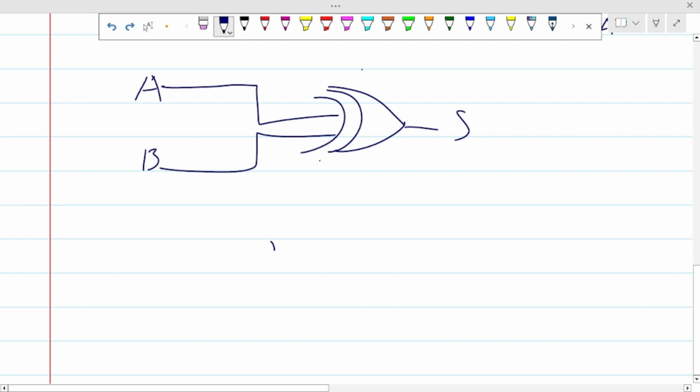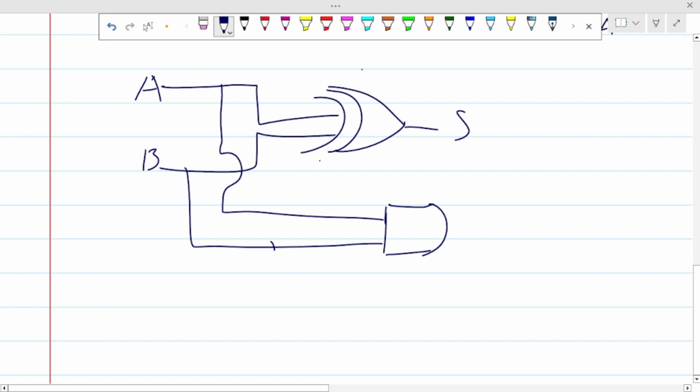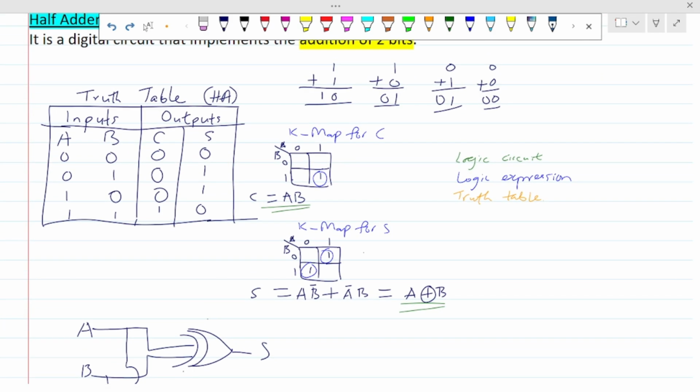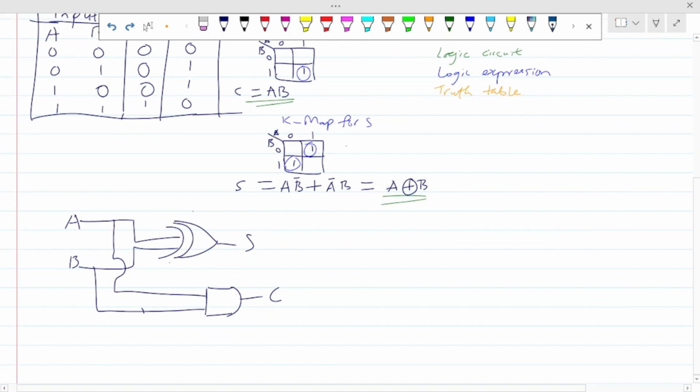A comes this way, B comes this way. Sometimes we call this carry in, or carry out, but let me just leave that for now. So this is it for the half adder.